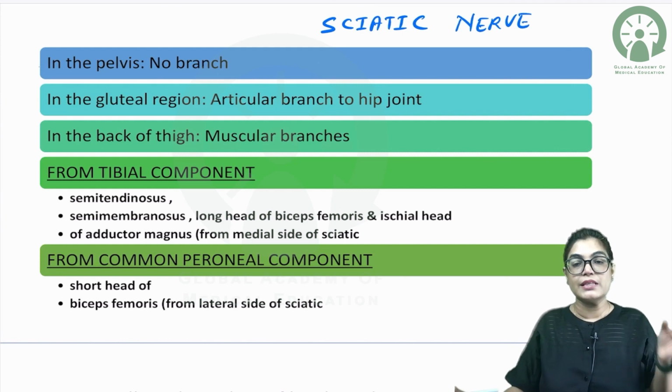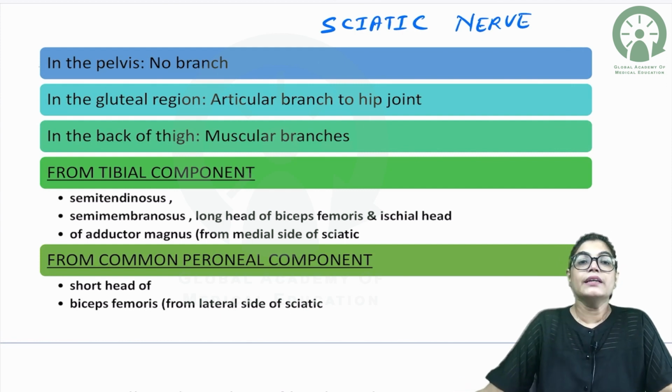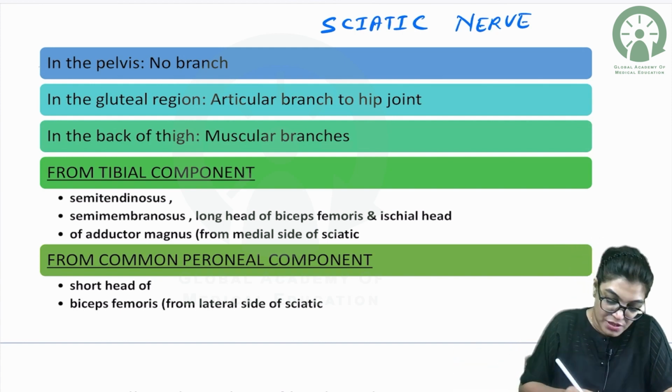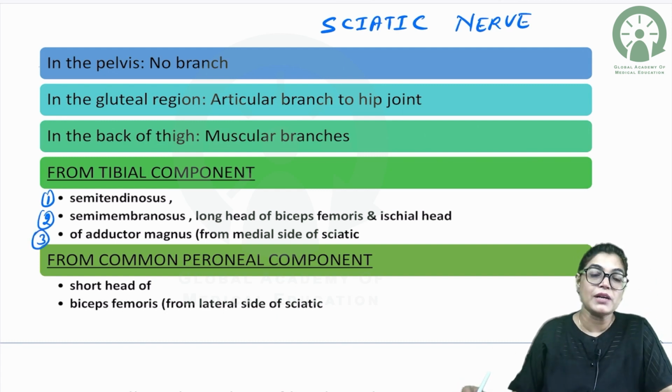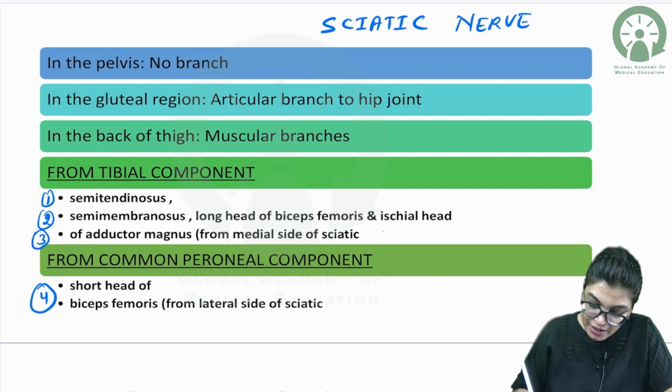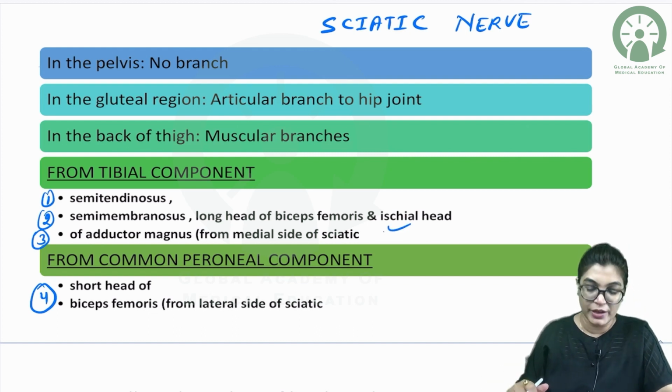In the gluteal region, it gives an articular branch to the hip. In the back of the thigh, it gives muscular branches, and from its tibial component, it gives innervation to semitendinosus, semimembranosus and the hamstring part of adductor magnus. From the common peroneal component, it gives innervation to the short head of biceps. Here also the long head of biceps gets innervation from the tibial component.